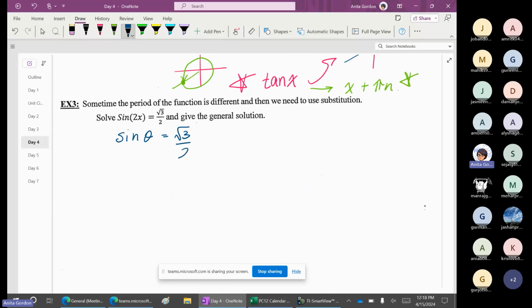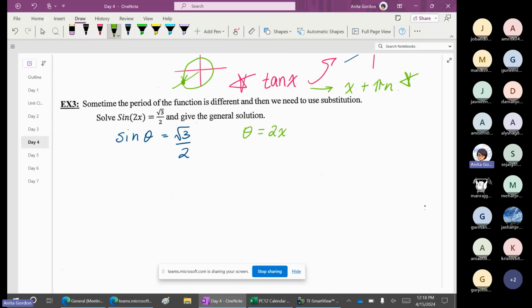This is a question we can definitely do, and we can do it well. So what I'm going to do is, again, substitution. I'm going to let theta represent 2x, just for now. If I can find the solutions for theta, I'm going to use that to then solve for x down the road. So I use substitution.